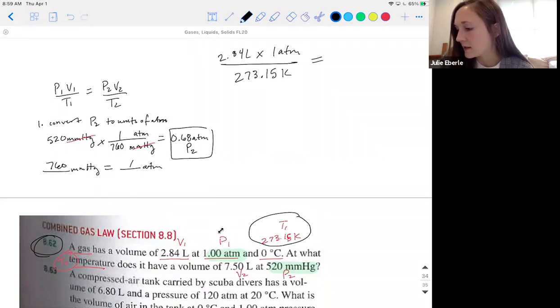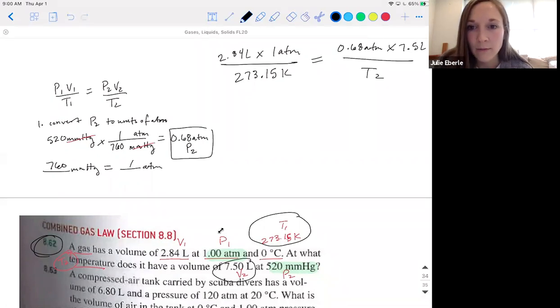And that is equal to P2 V2 over T2. P2 is, we converted it to ATM, the 0.68 ATM times V2 down here in the problem, which is 7.5 liters. And that is all over T2.